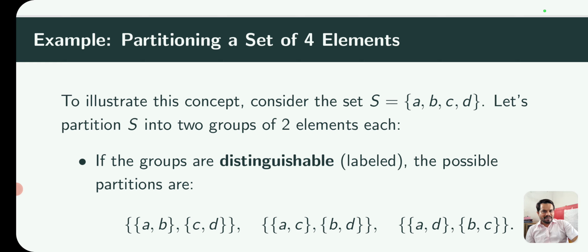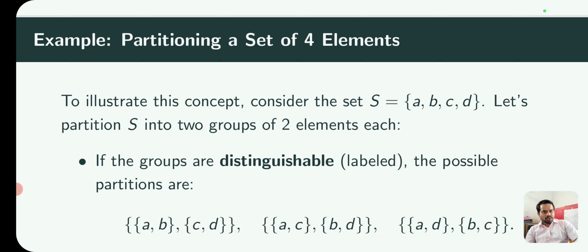The theme of this example is that 4 elements are given, and we have to take the partition of this set S into 2 groups of 2 elements. The condition is, if the groups are distinguishable, meaning labeled groups, then what are the possible partitions?